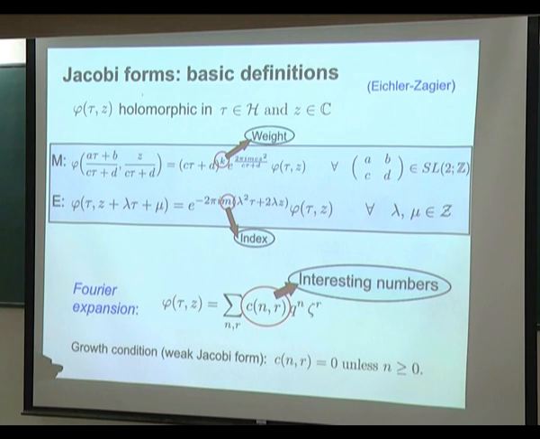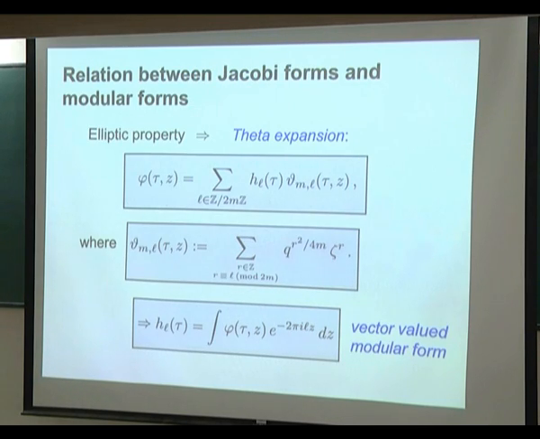Okay, so now the next point is, so far we talked about modular forms. Now I'm talking about Jacobi forms, which are two variable objects. So what is the relation between these two? Well, the relation is as follows.